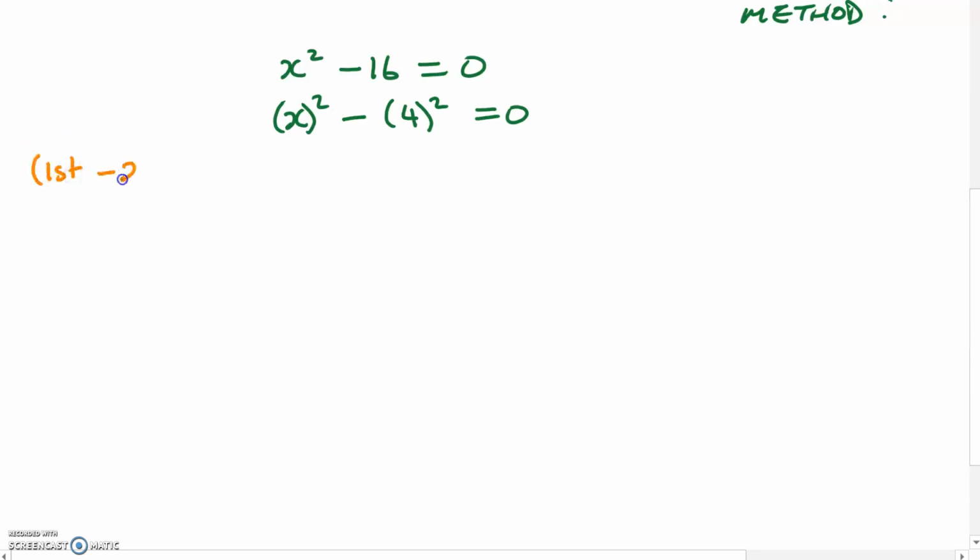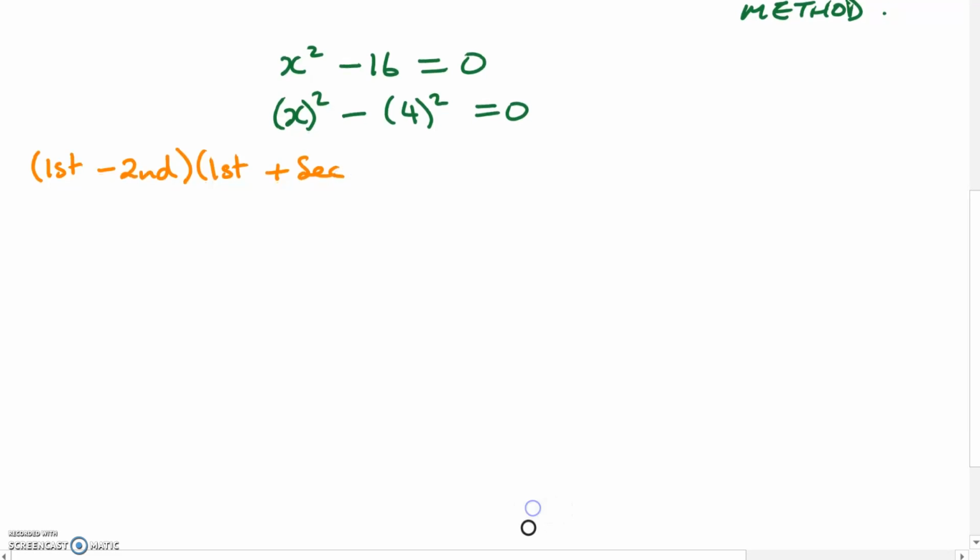First minus the second times the first plus the second. Let's be consistent here. First plus the second equals 0. Okay, so if we do it like that, then the first one was x, the second one was 4. That becomes x minus 4 times x plus 4 equals 0.